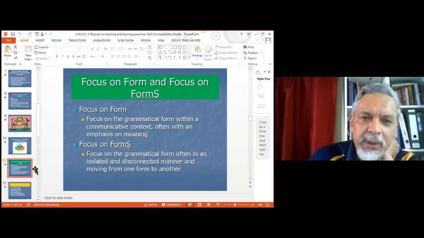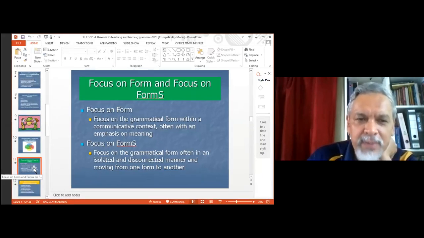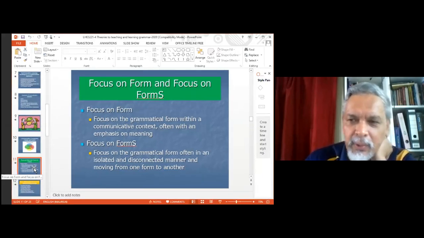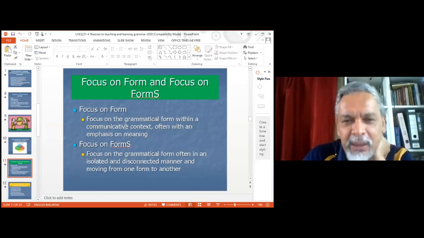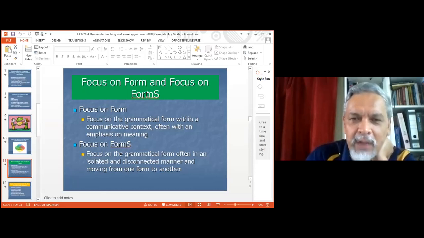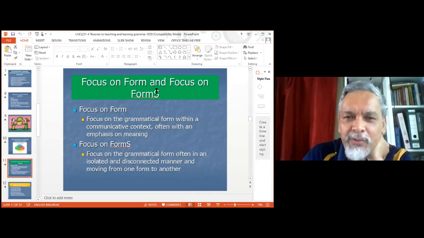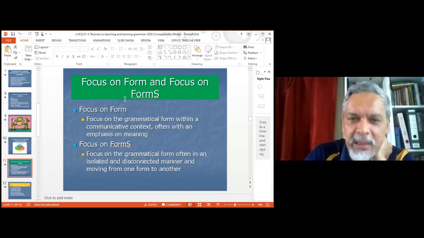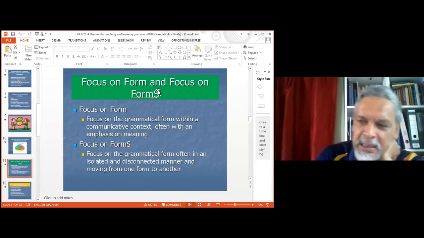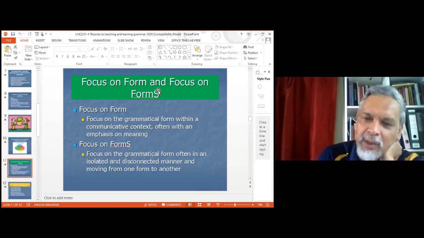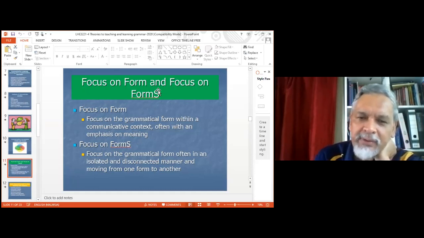And we also talked about this, focus on form and focus on forms. I hope you remember the difference between the two, because this is quite important. A lot of people say no more grammar, don't teach grammar that much anymore. And really what they don't want is the focus on forms kind of grammar teaching, where you put things in an isolated manner, it's disconnected, and you try to teach one grammatical form after another.